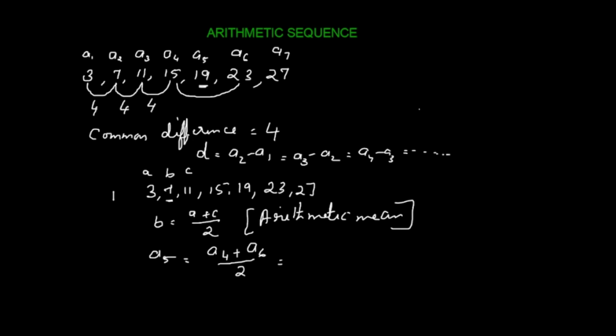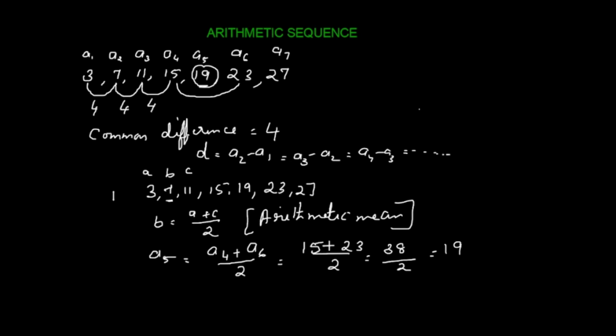A4 is 15 and A6 is 23, upon 2. So 15 plus 23 is 38, right? 38 by 2 is equal to 19. So A5 is equal to 19. This is known as the arithmetic mean from the arithmetic sequence, right?